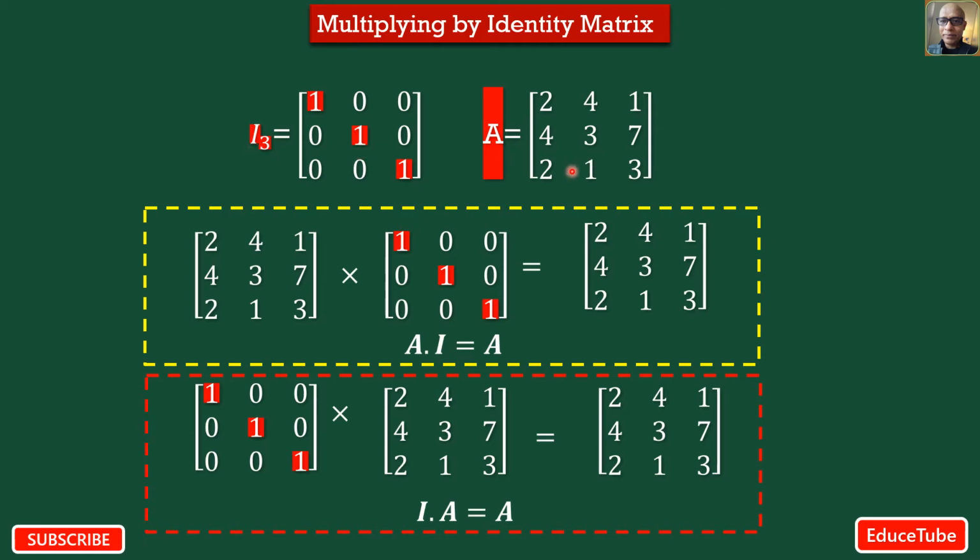If we multiply these two, following the multiplication procedure, this row will be multiplied by these 3 columns, and we put the values here in the row, then we get the original matrix. If it is reversed, identity here and original matrix here, the result will be A, the original matrix. This is a very important property we got.